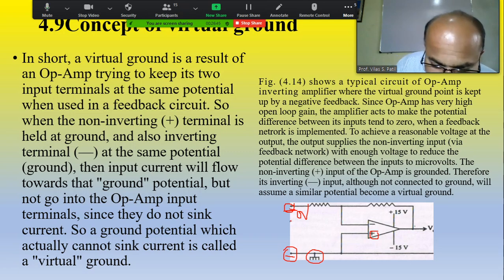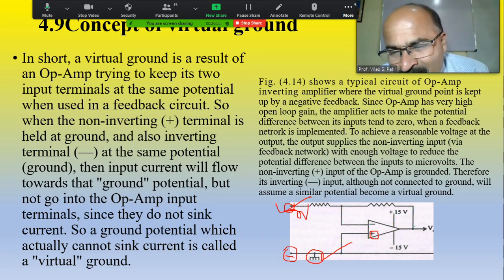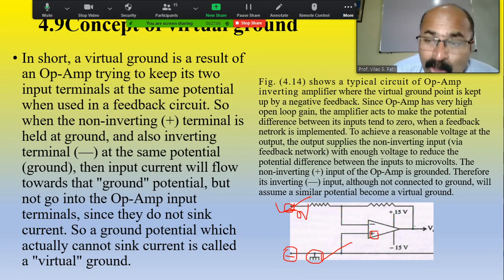This terminal is grounded already, but this terminal acts like the virtual ground, meaning it exhibits 0 potential.